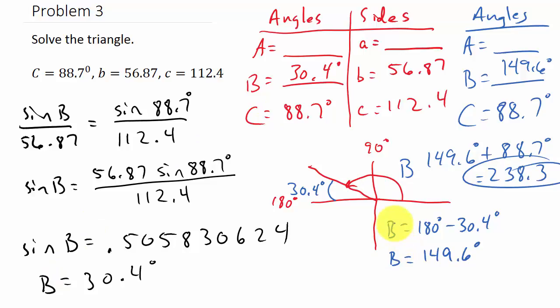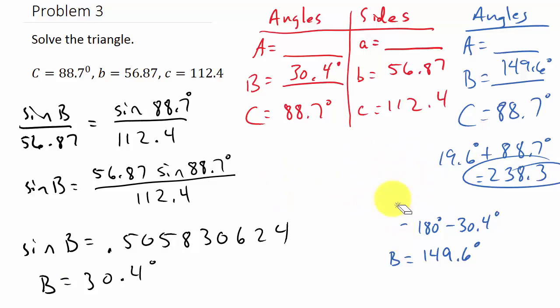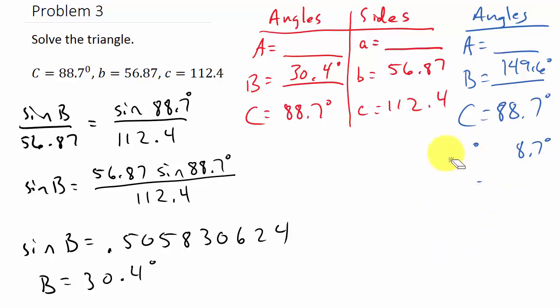I'm not saying there's going to be two triangles, but there is a possibility of two triangles. And we checked it, and we noticed that the given angle and the angle in the second quadrant added up to more than 180, so that means it's only one triangle. It will not be two.